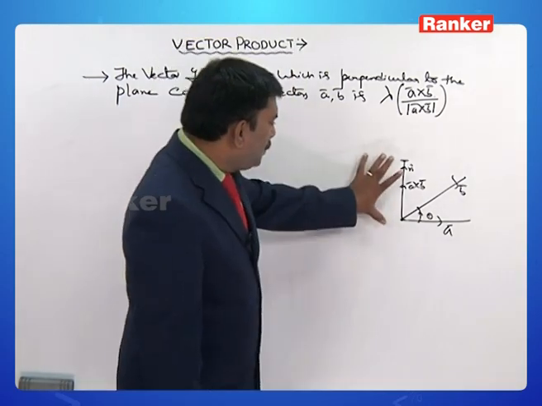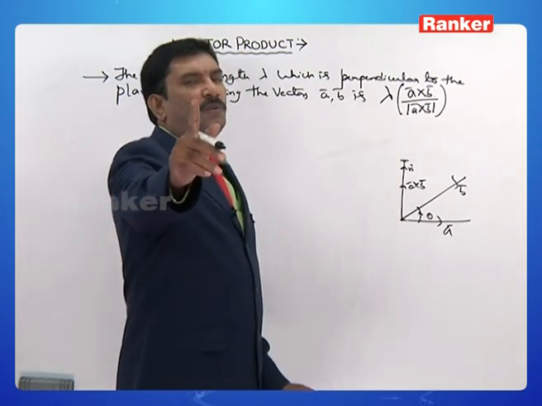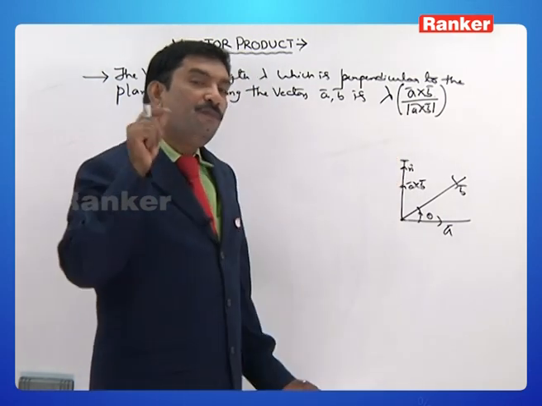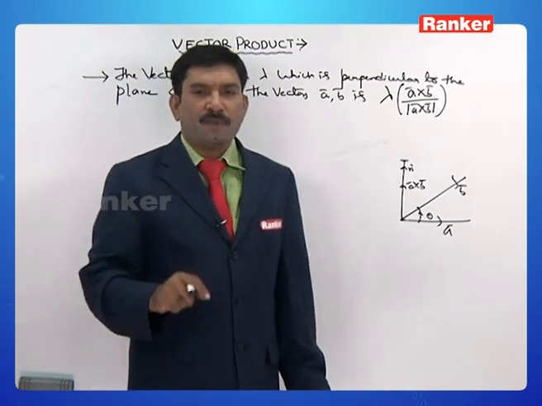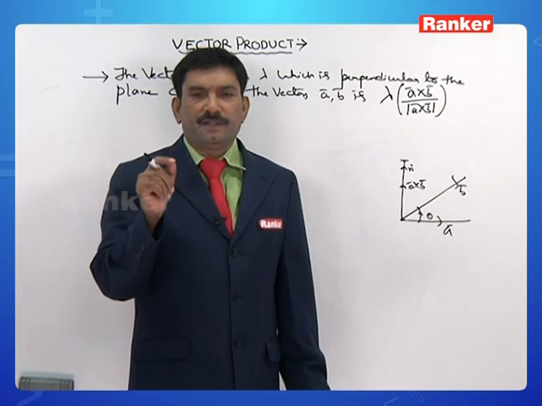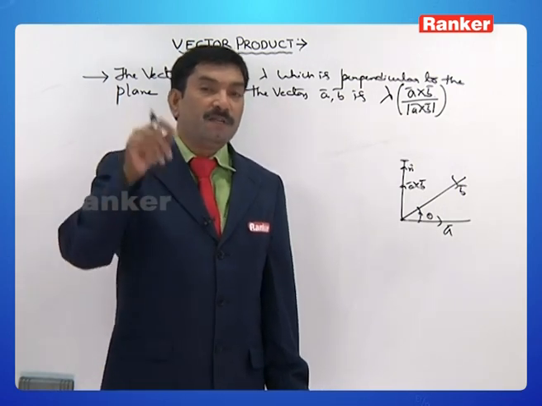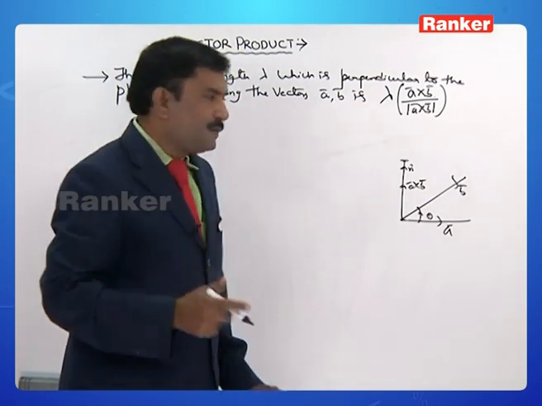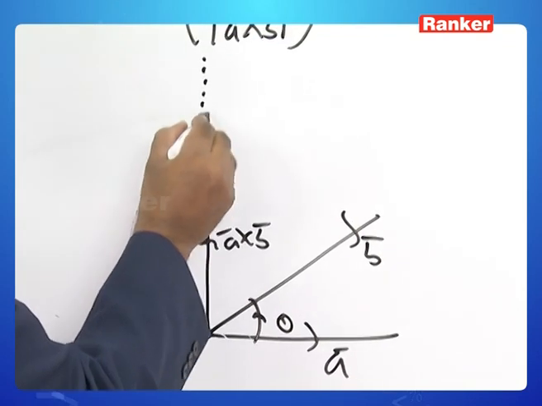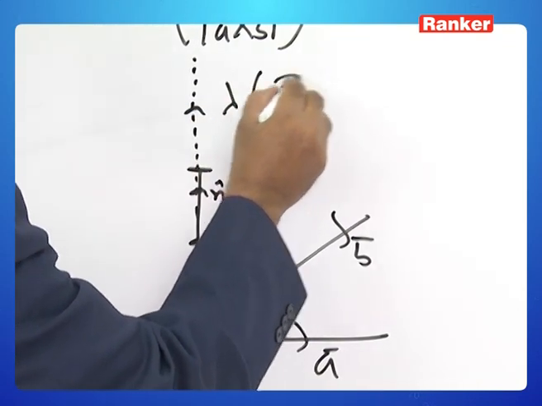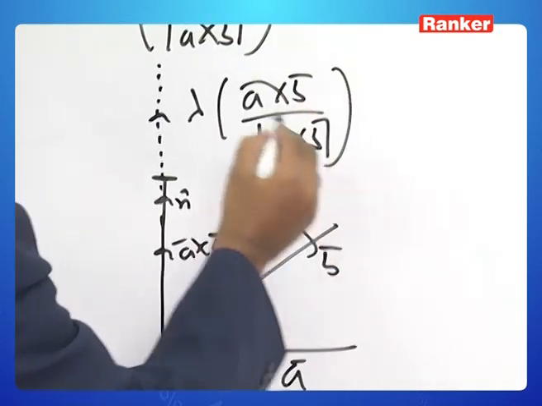So therefore, if it is a unit vector n cap, its magnitude is 1. I want the vector of length lambda. Remember, in vectors, if you want a vector of required length, that required length has to be multiplied with unit vector. So therefore, I take this up to here. This is nothing but lambda into A bar cross B bar by modulus of A bar cross B bar.